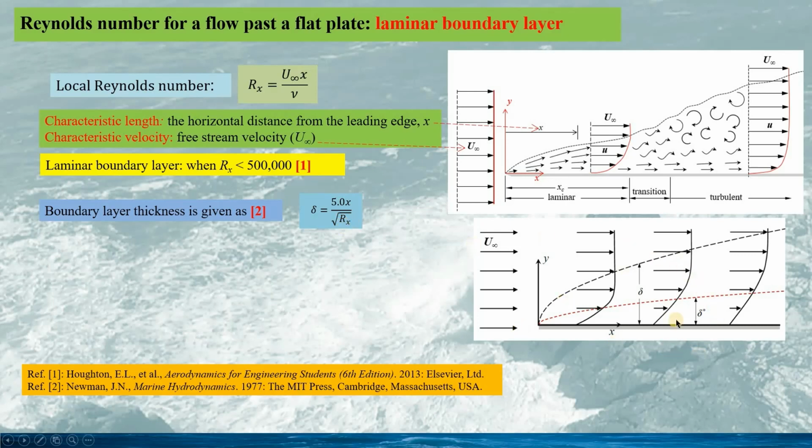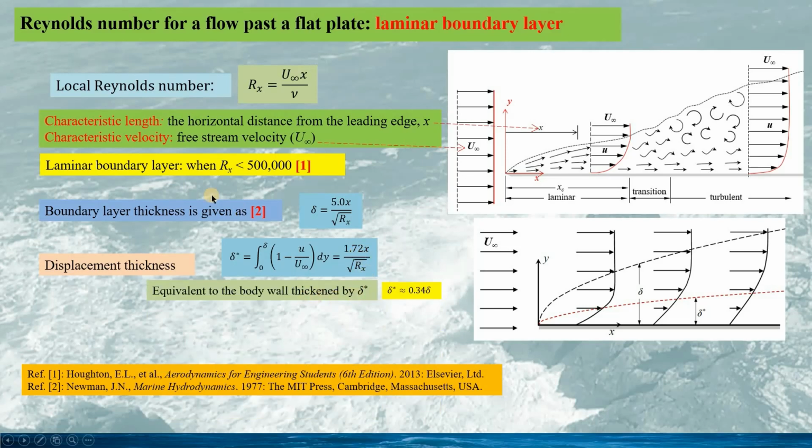So this is the plot for the laminar boundary layer, and the delta here is the thickness of the laminar boundary layer. And also, we can define an important thickness called displacement thickness, delta star, given by this, and it would be given by this.